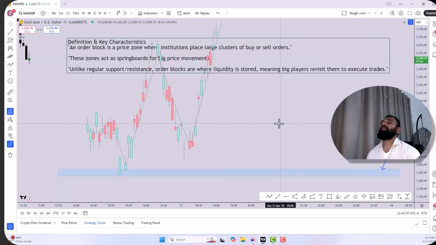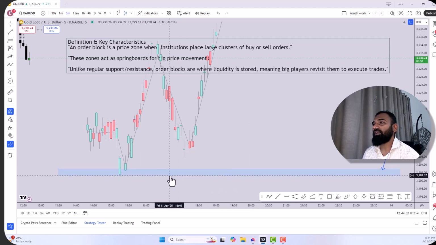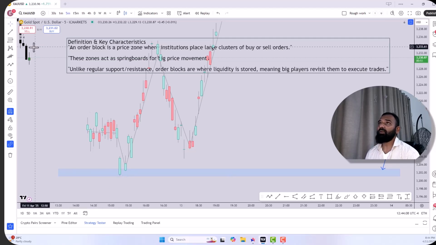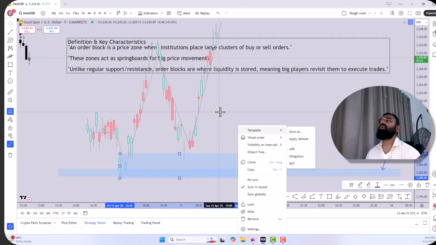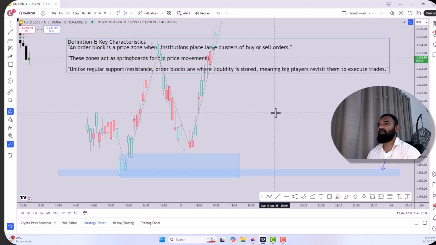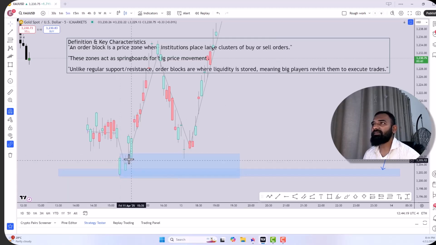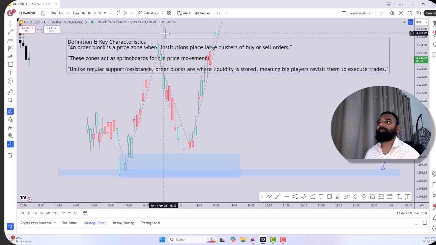So what is happening here is that this is the particular zone where institutions want price to come and from where they want to buy. But when they buy, their orders are so big they cannot execute all of them at once. With their first lot, the price goes up because of the volume of their orders.